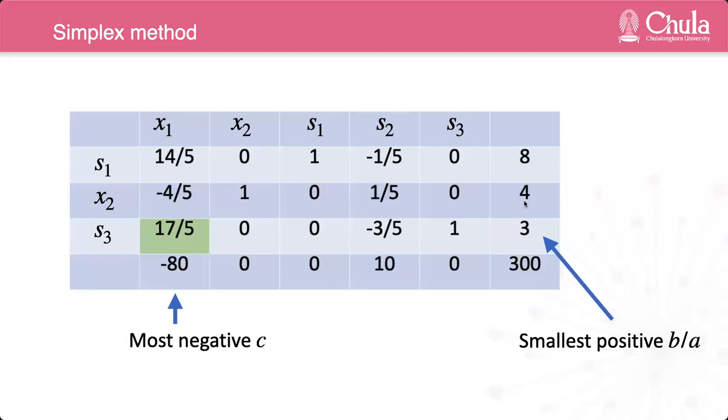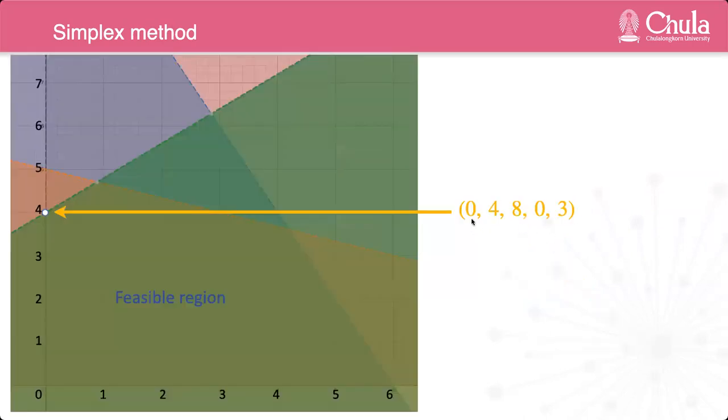How about S1? S1 is 8. S3 is 3. So now we are at this point, 0, 4, 8, 0, 3. We move from the origin to this point. Okay, we move from this point to this point. Are you ready?